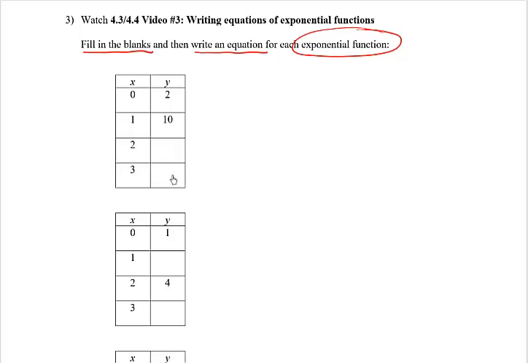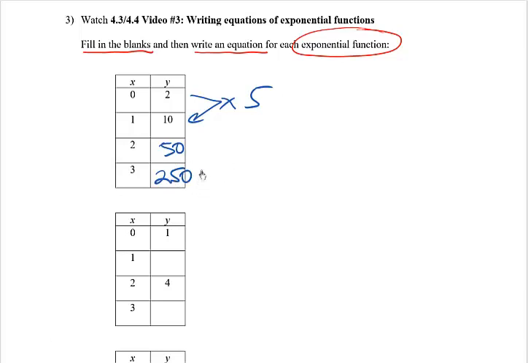In an exponential function, if the x's are going up by 1, then the y's will always multiply by the same number. 2 times 5 is equal to 10. If that's the multiplier here, it's just going to continue down. 10 times 5 would be 50 for the next blank, and 50 times 5 would be 250 for the final blank, and so on. I could keep going down if I wanted to.